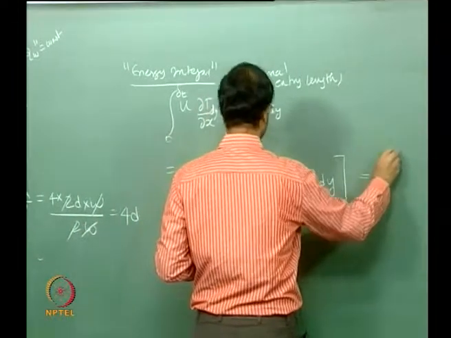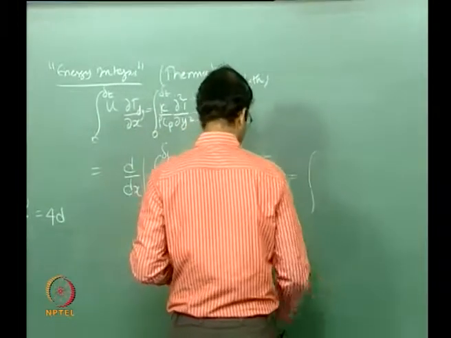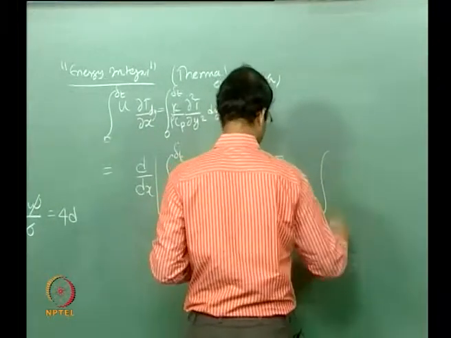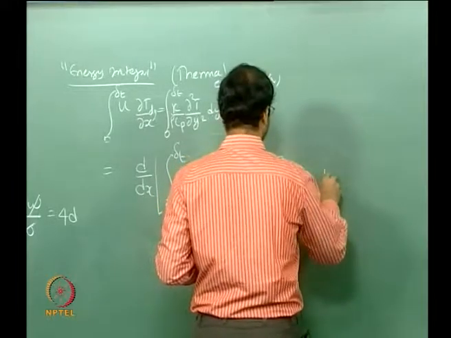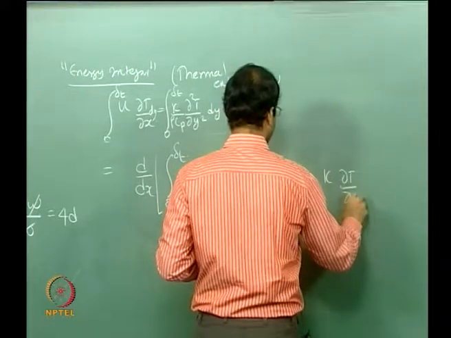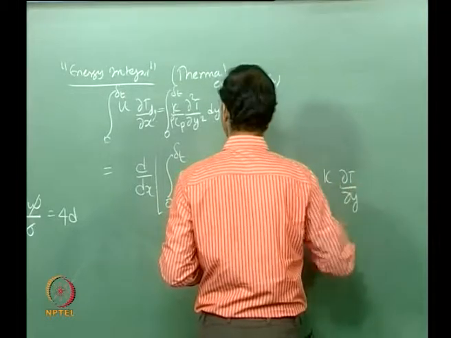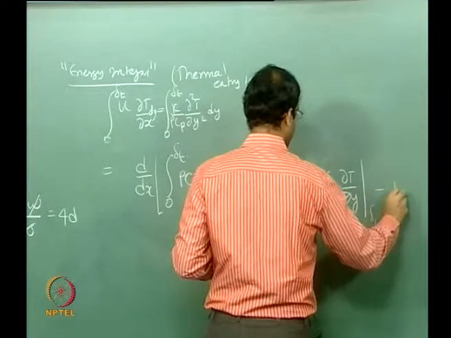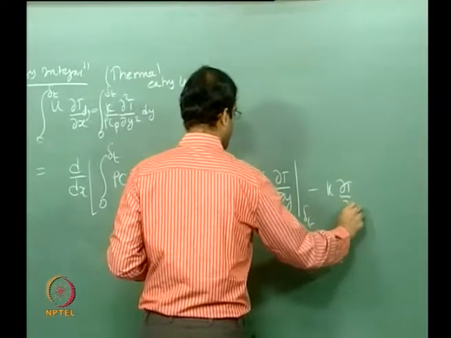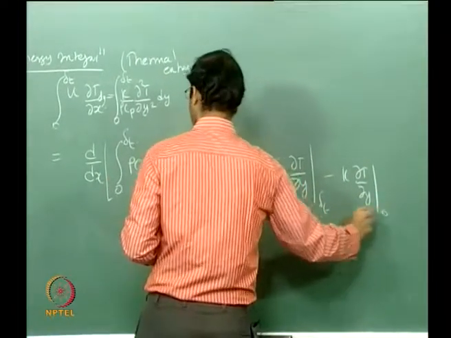should be equal to integral d square T by dy square. So that is basically k dT by dy between the limits 0 and delta t. So this is at delta t minus k dT by dy at 0.